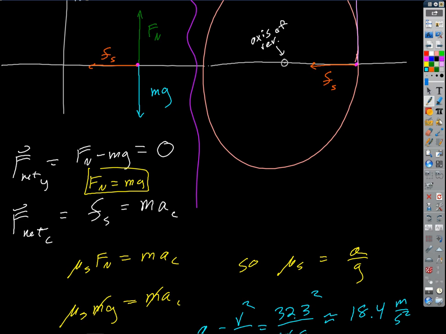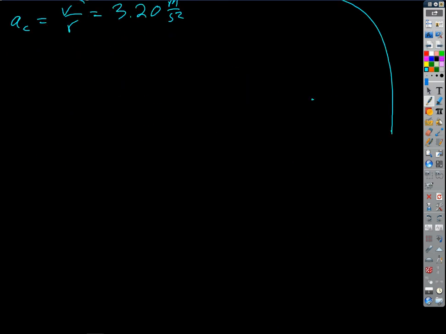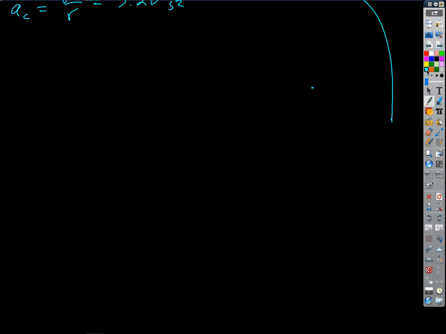Let's go back to a picture like this one. Here's our model, where we're driving into the board and we bank the road up at some angle theta. Everybody agree? If we draw a free body diagram, what are the forces acting on this car?